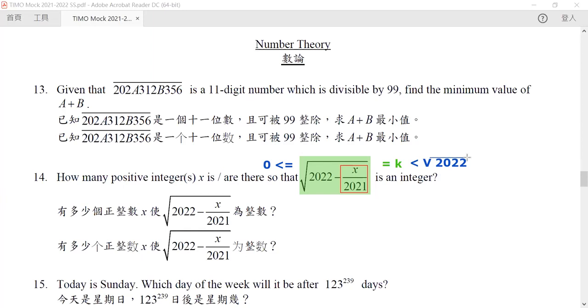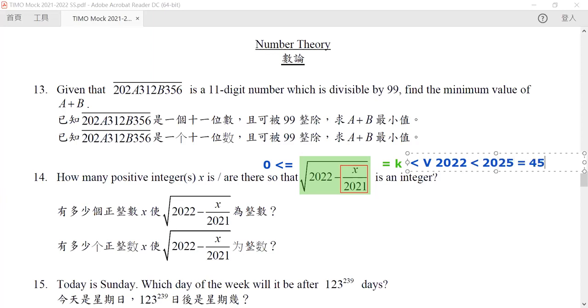Now, a quick estimation. What is the value of the square root of 2022? We know that the square root of 2025 is equal to 45, right?